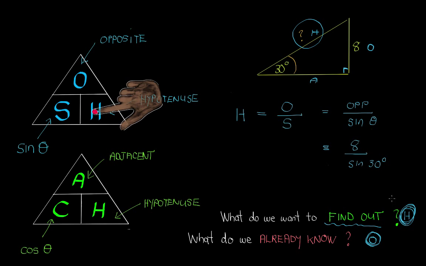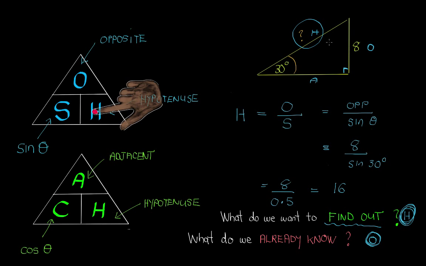Now, if you go to your calculator and work out the sine of 30 degrees, you will find that it equals exactly 0.5. So that will equal 8 divided by 0.5. And if you now finish that calculation, 8 divided by 0.5 is in fact 16.